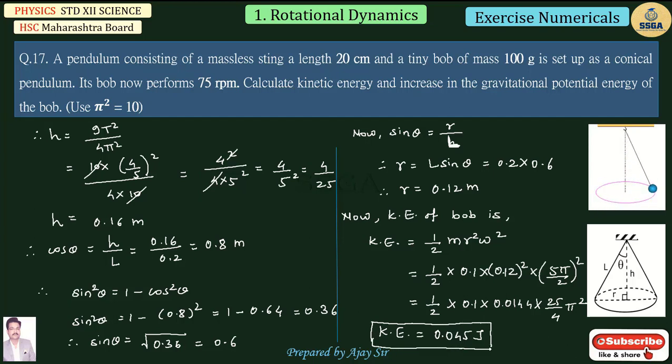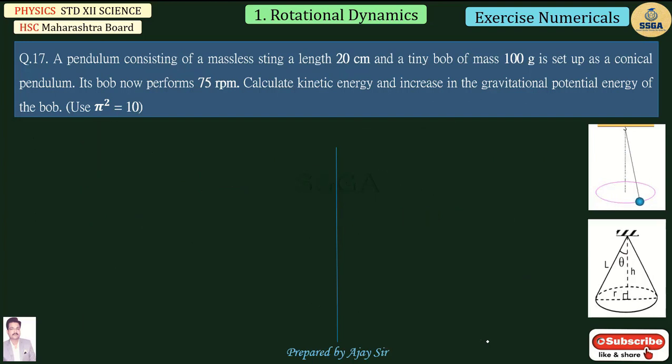So this is the first part of this numerical example. Now second part, you have to find gravitational potential energy. So let us find for the second part. So that is the increase in gravitational potential energy.